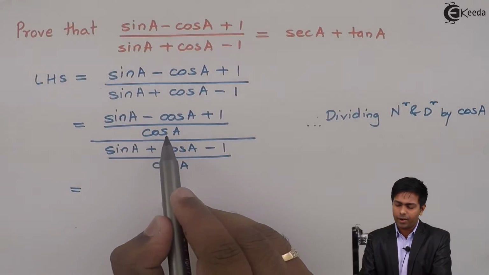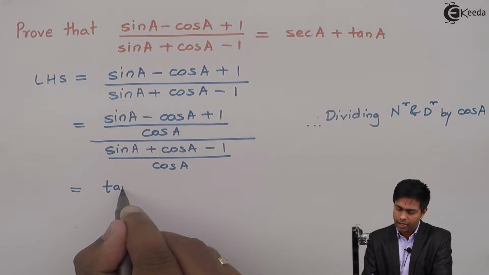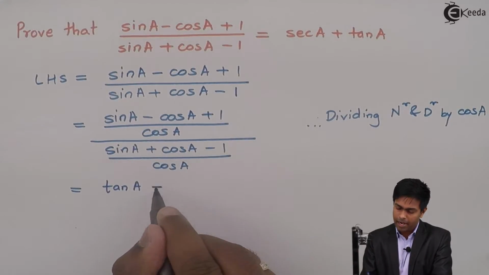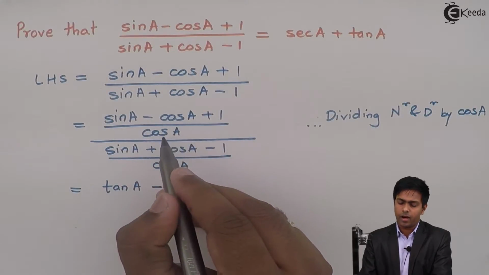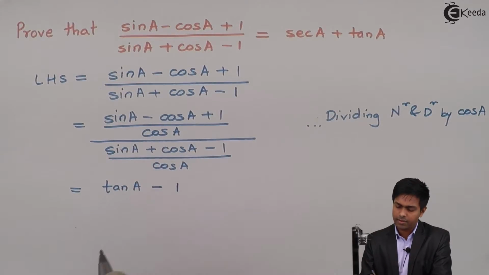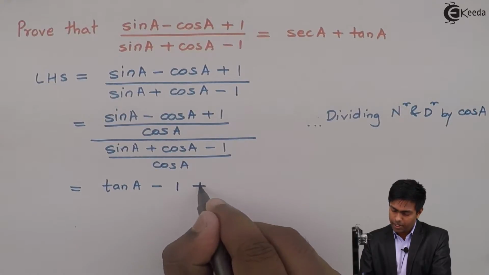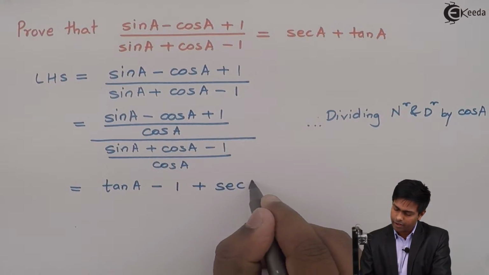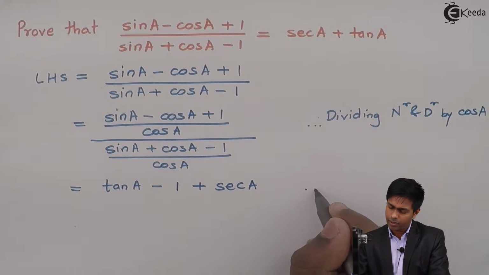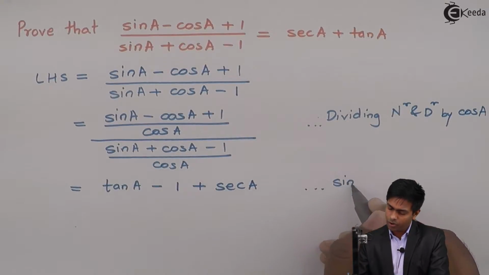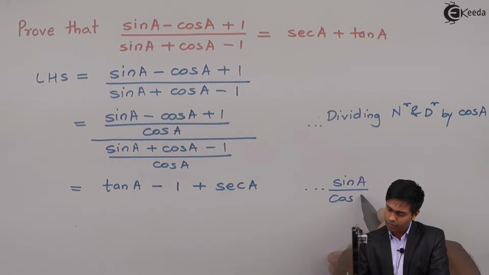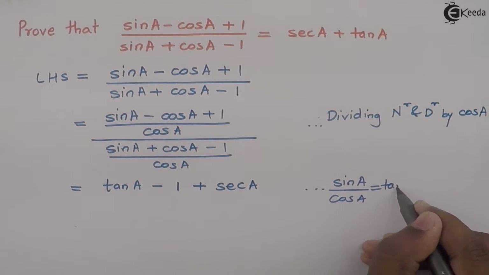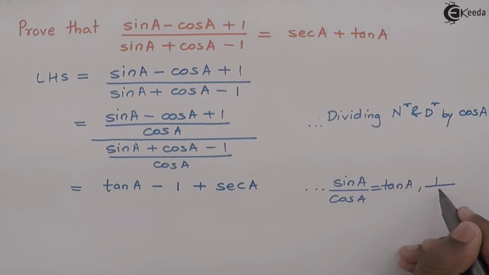So sin of a upon cos of a is tan of a, minus cos of a upon cos of a is 1, plus 1 upon cos of a is sec of a. So here I am using the formulas sin of a upon cos of a equal to tan of a and 1 upon cos of a is equal to sec of a.